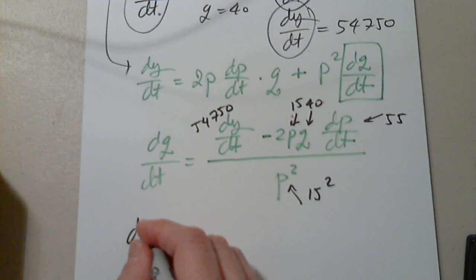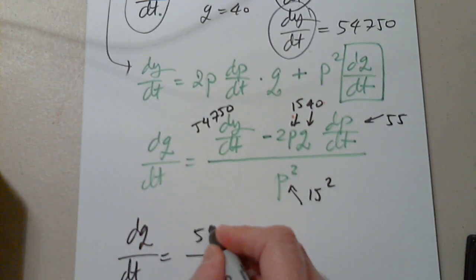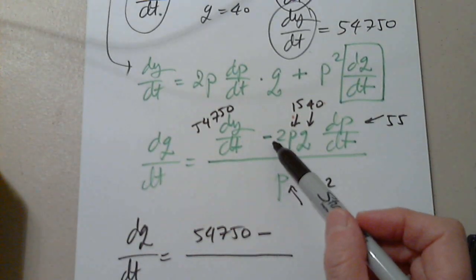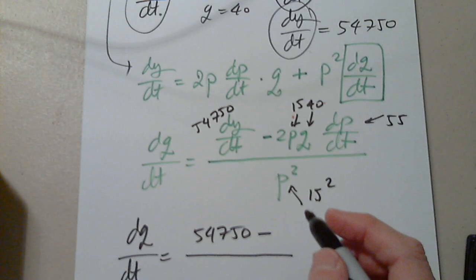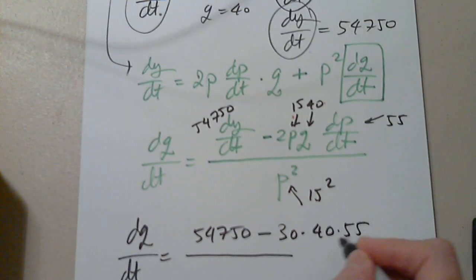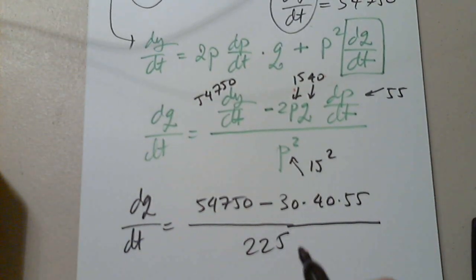So now dq over dt equals 54750 minus 2 times 15, 30 times 40 times 55, everything divided by 15 squared, which is 225. I put this in the graphing calculator to get the final answer. Careful how you do it.